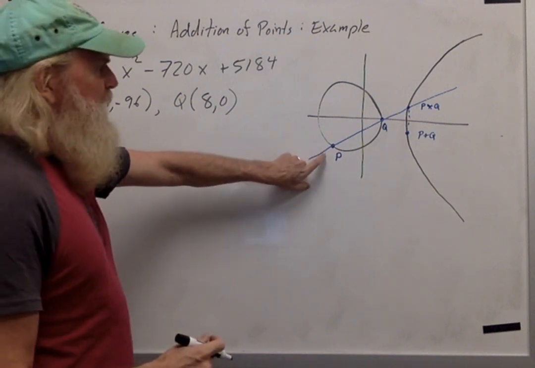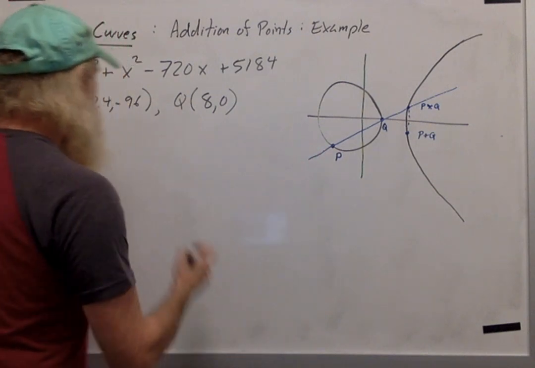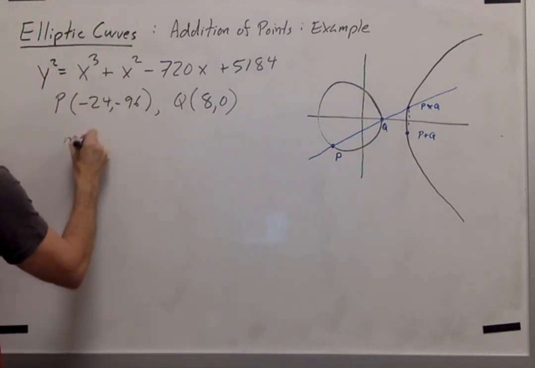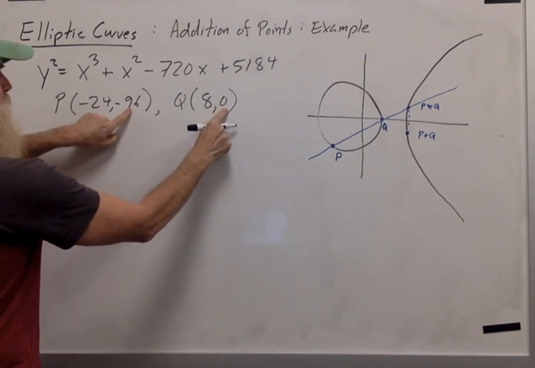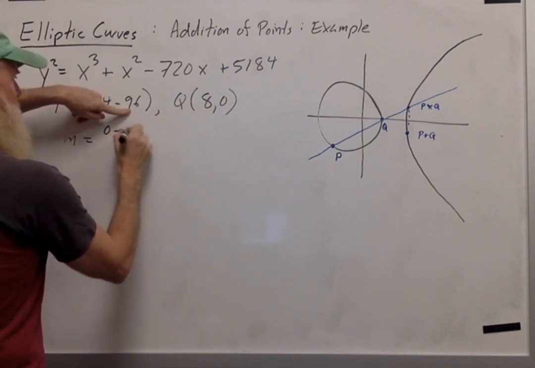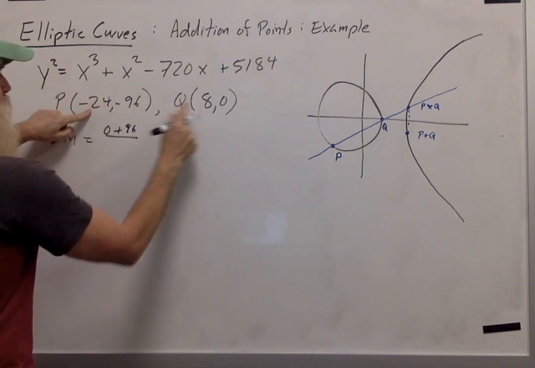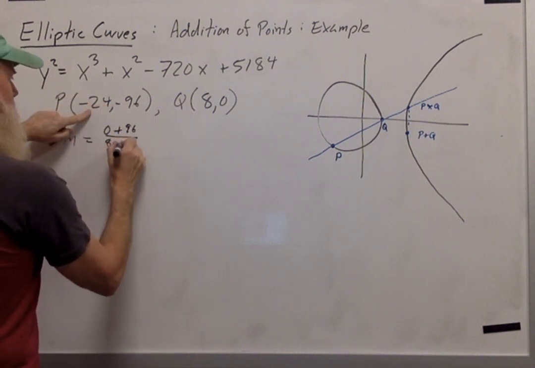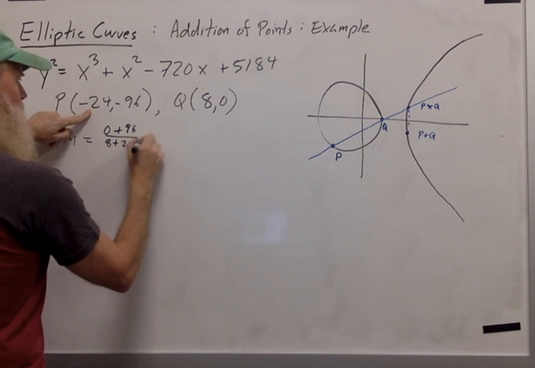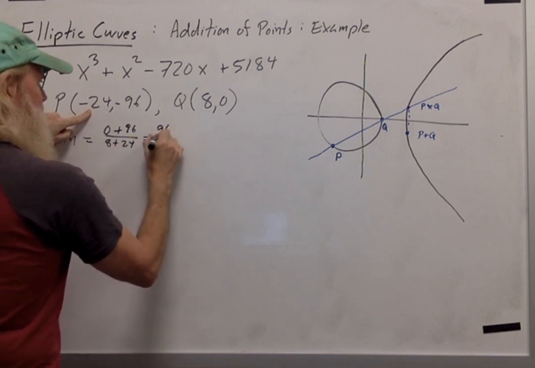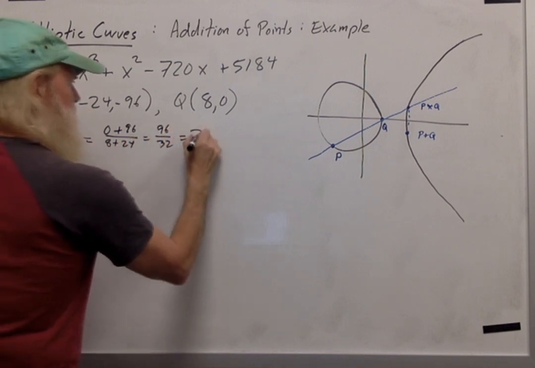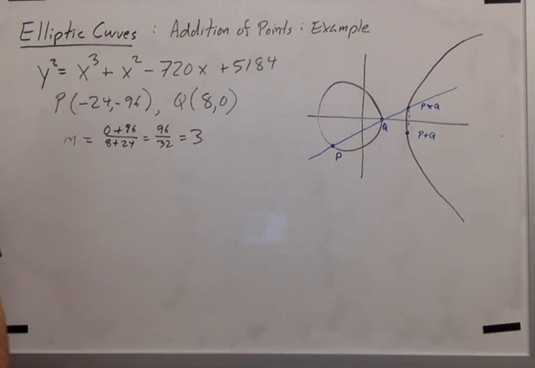So first of all, let's find the slope of this line. The slope will be y sub 2 minus y sub 1, 0 plus 96, over x sub 2 minus x sub 1, which is 8 minus negative 24. And 96 over 32 is 3.